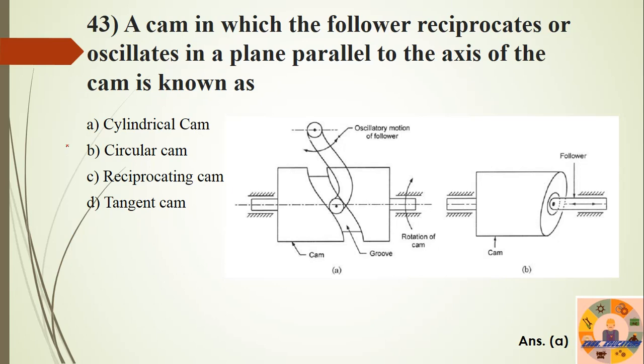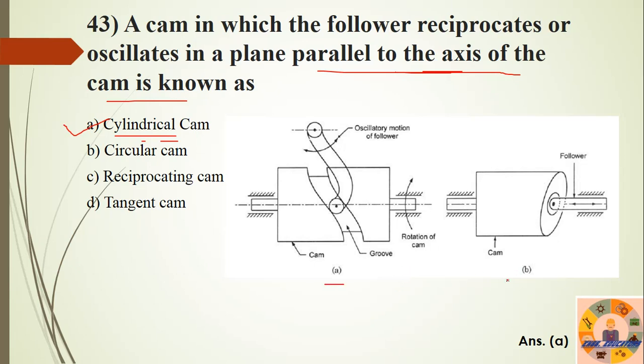And the right answer for this question will be option A, cylindrical cam, because in cylindrical cam the follower reciprocates or oscillates in a plane parallel to the axis of the cam or along the axis of the cam.